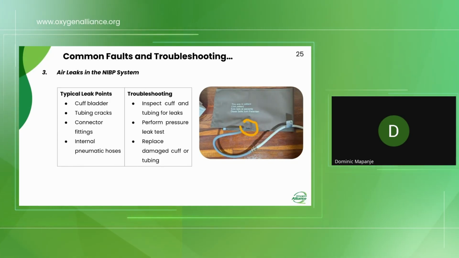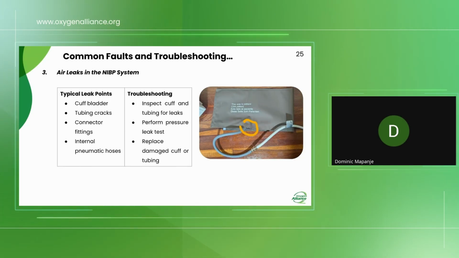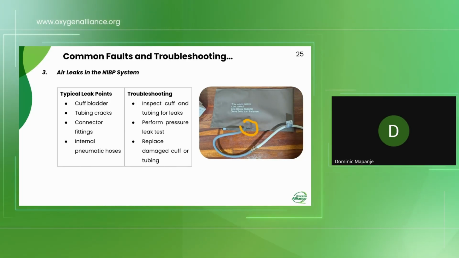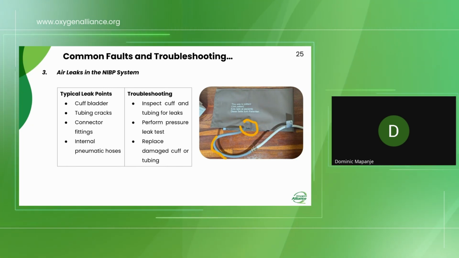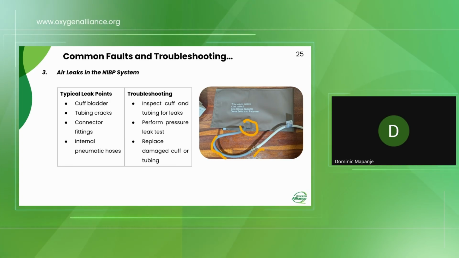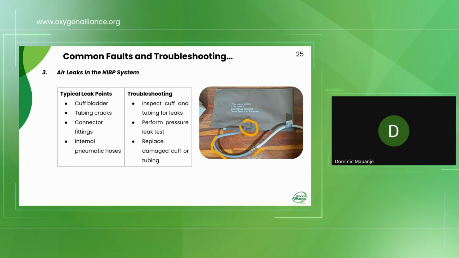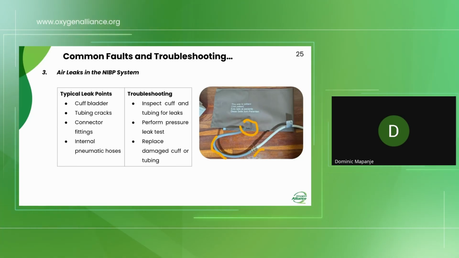That's where most of the leaks happen. It can also be cracks in the tubing itself, or in the connector points here. I hope you can see those annotated points. That's where most of the leakages happen.